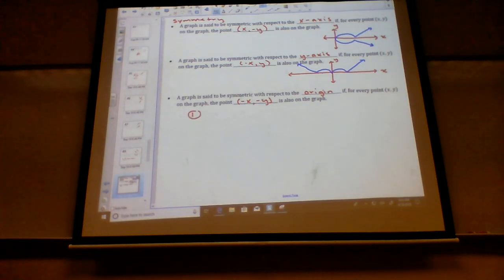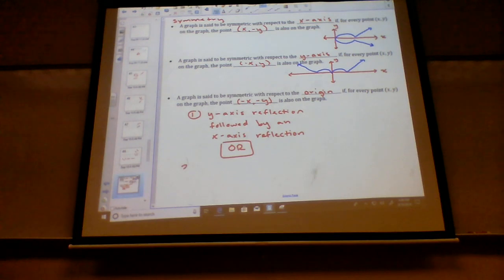The first step is a y-axis reflection, followed by an x-axis reflection. Or you can think of it as a 180-degree revolution about the origin.